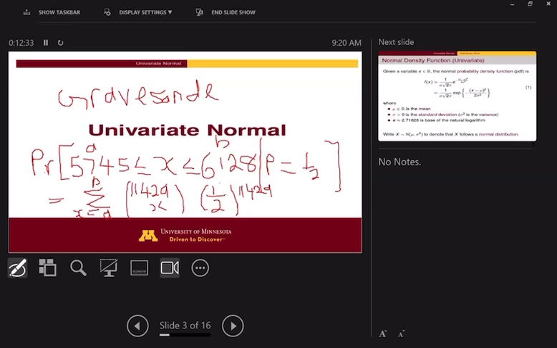But do you know what Abraham De Moivre did in 1733? Abraham De Moivre was able to approximate binomial with a normal distribution. De Moivre proved that when sample size is large, binomial distribution becomes normal distribution.